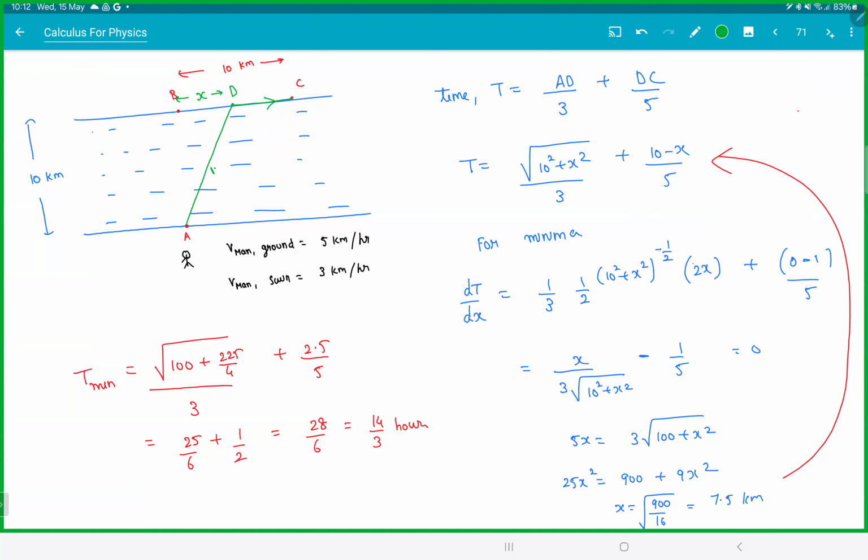This is 12.5 kilometers. So he's swimming 12.5 kilometers in the water and going 2.5 kilometers on land. So in total, this guy has gone 15 kilometers.